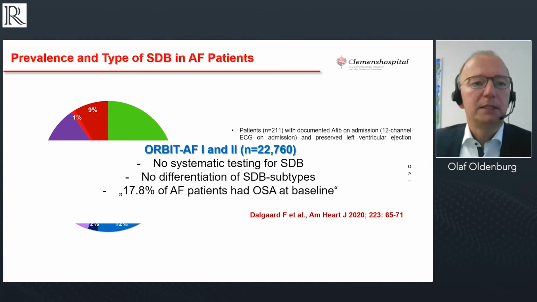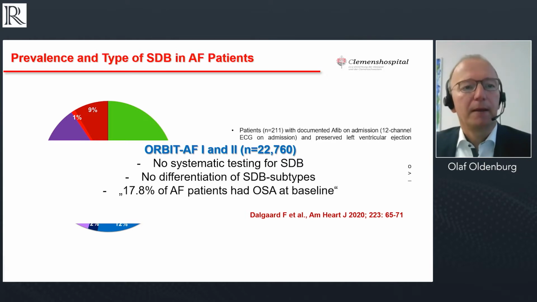What is the big data about the prevalence of sleep disorder breathing? So the ORBIT-AF 1 and 2 trials, including more than 22,000 patients. But of course, as in every one of these large-scale trials, there's no systematic testing for sleep disorder breathing. And there is no differentiation between sleep disorder breathing subtypes.